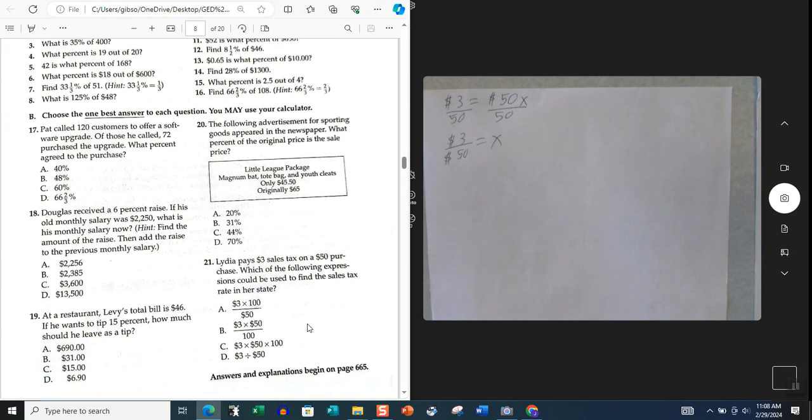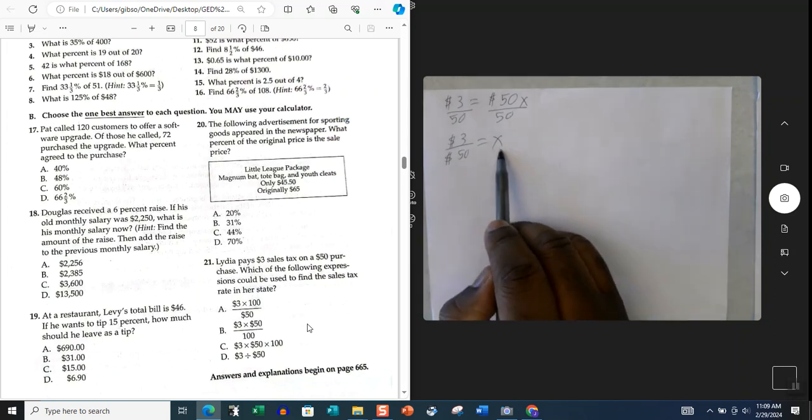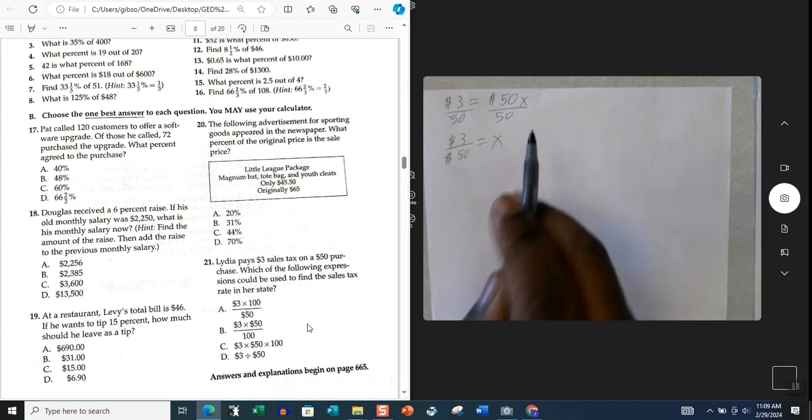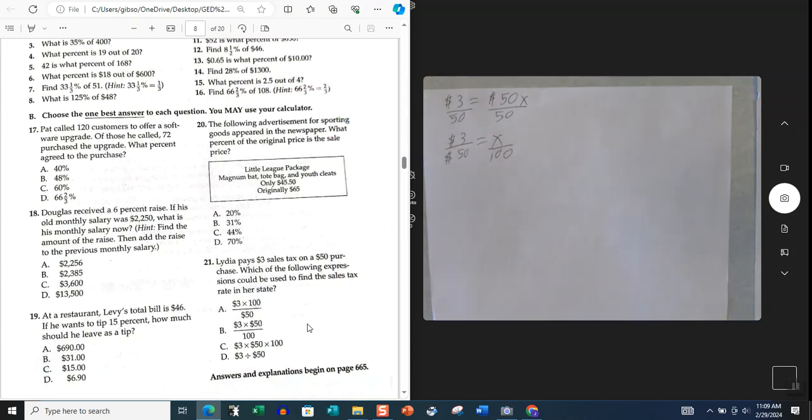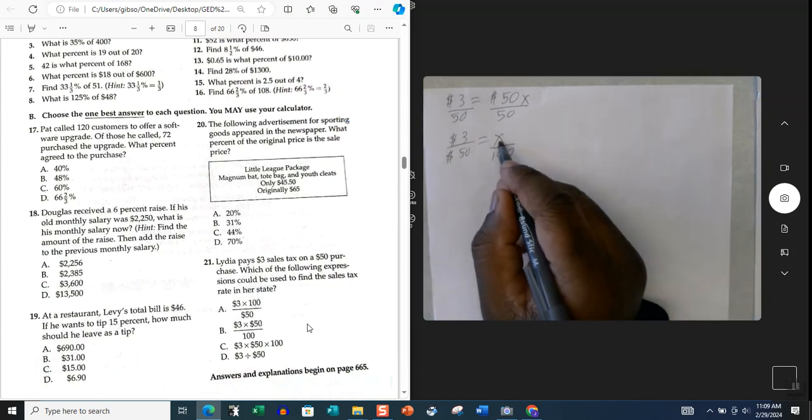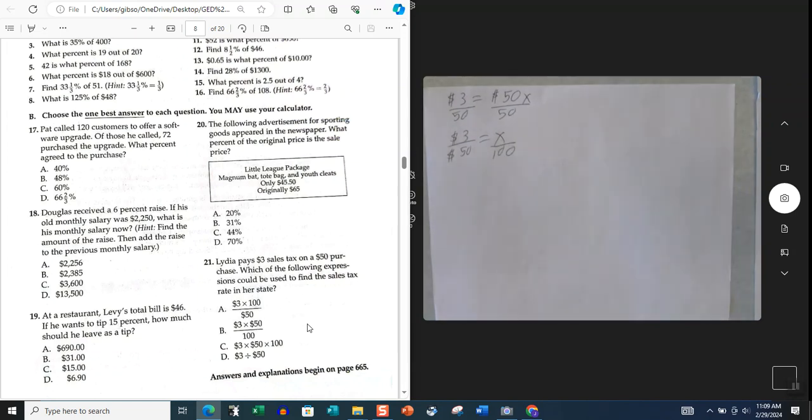The reason being is, since X is what percent, instead of just leaving it as X, we could put it as X over 100, because remember, percent means over 100. So we could put X over 100, and that would be our X percent. We still haven't changed anything.